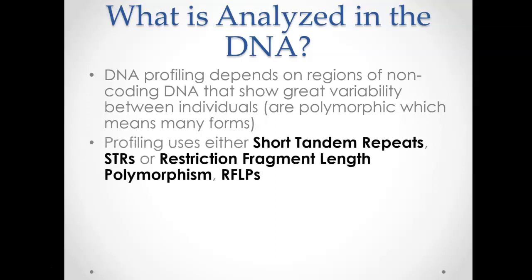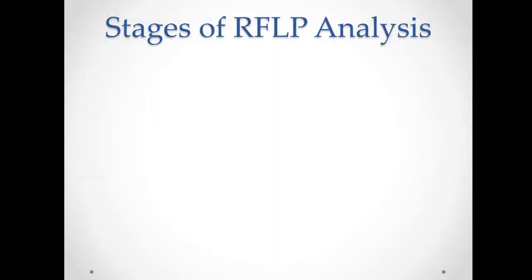So we can look at two different things when we're creating a profile. We can use either short tandem repeats, shortened to STRs, or restriction fragment length polymorphisms, known as RFLPs for short. I'm going to go through both types of analysis to show you how we create a DNA profile.